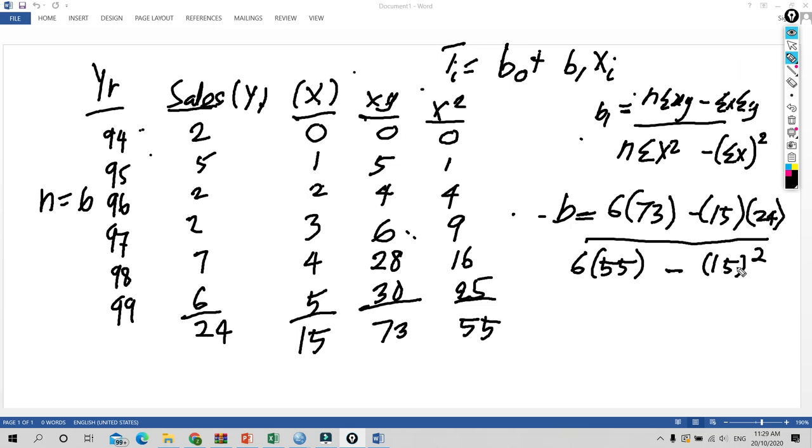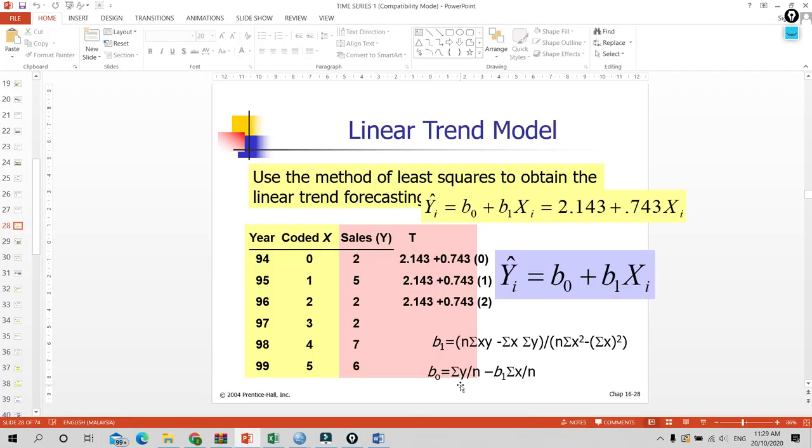Now if you solve this one, you can get the value of b1.